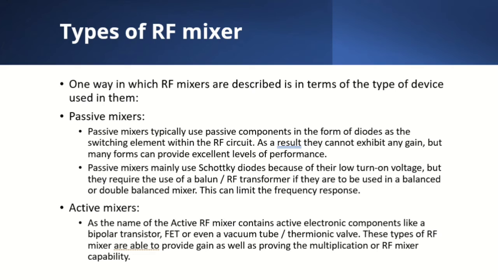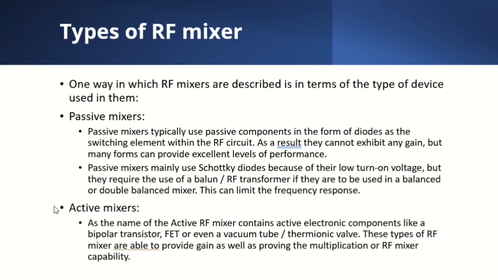So a passive mixer usually just uses a normal diode, and its weakness is that it does not amplify the signal, that's all. The process still produces a good mixing output, but just cannot produce gain.